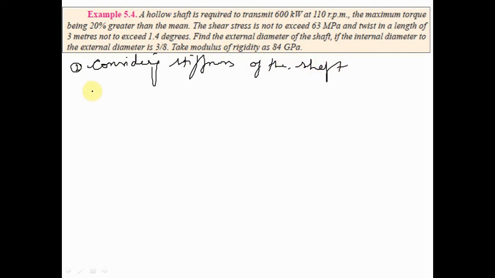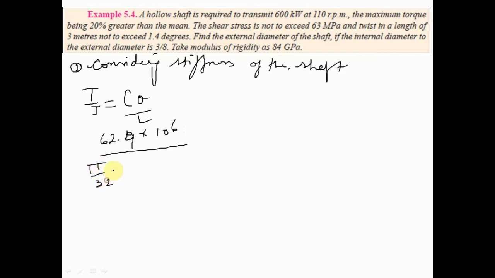So the equation will be T by J equal to C theta by L. T you already know. T is equal to 62.4 times 10 to the power 6, whole by J. Now J value will be equal to pi by 32 times d outer to the power 4 times 1 minus k to the power 4.